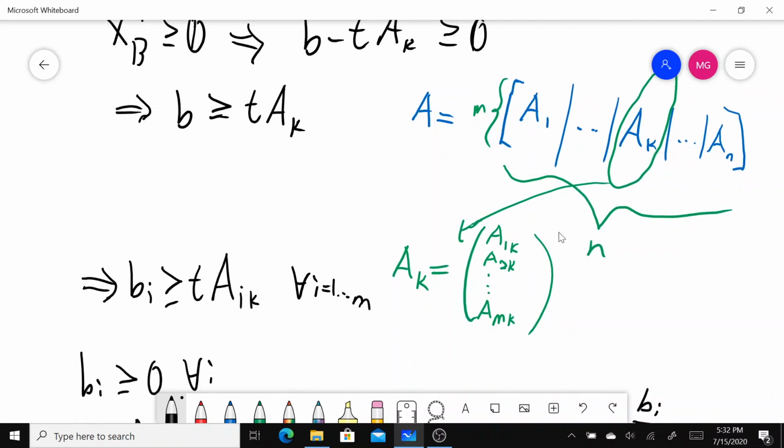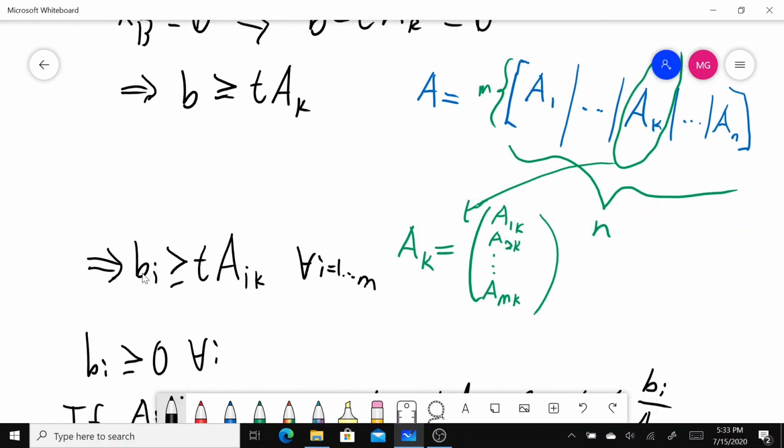And so the components are a1k, a2k, on and on, all the way to amk. And so aik in general is just the ith component of the column vector ak. It's also the ik entry of the matrix A, of course. Same thing.